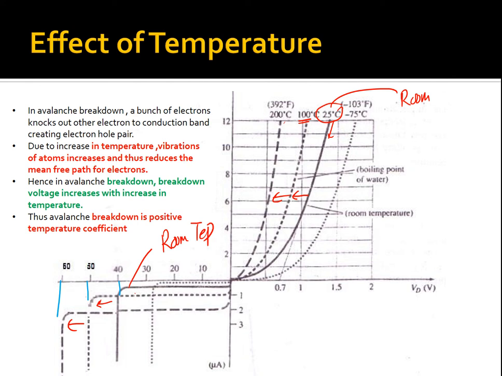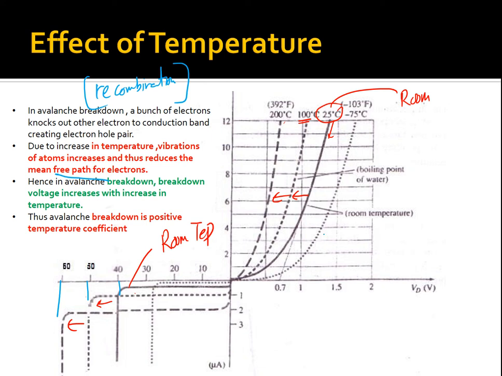The vibration of the atoms increases and this reduces the mean free path of the electrons. Due to this reason, the breakdown voltage also increases as the temperature increases.